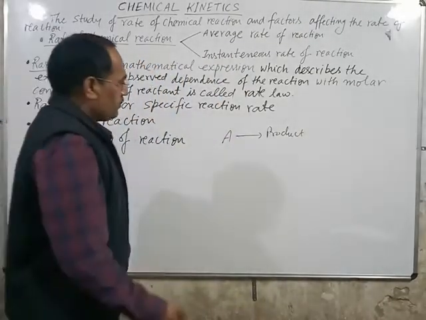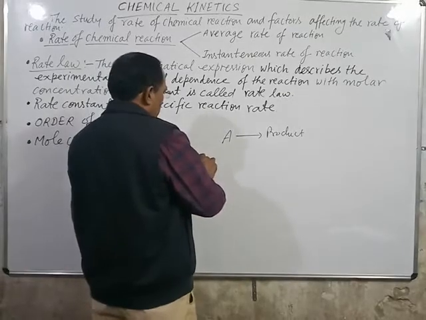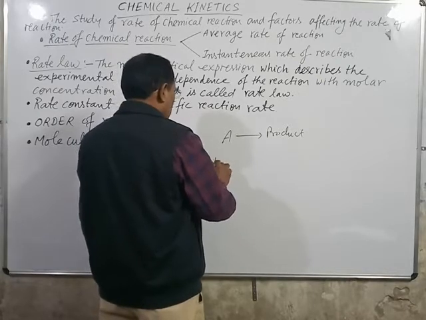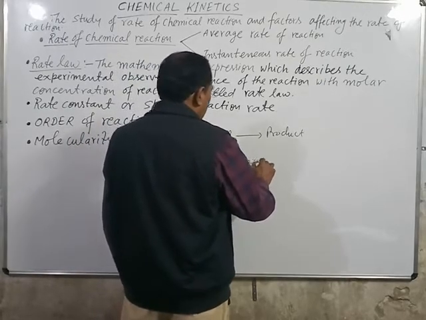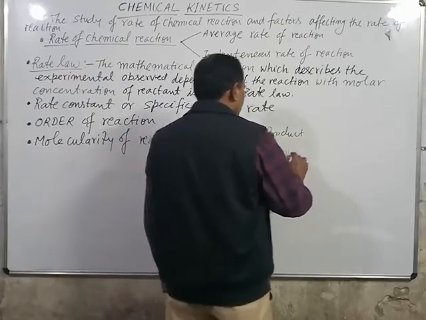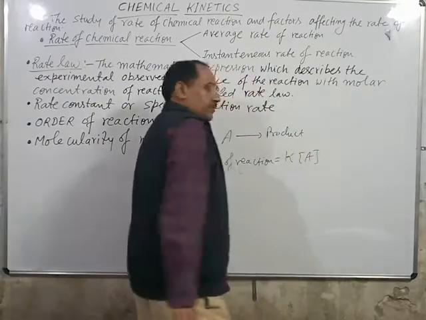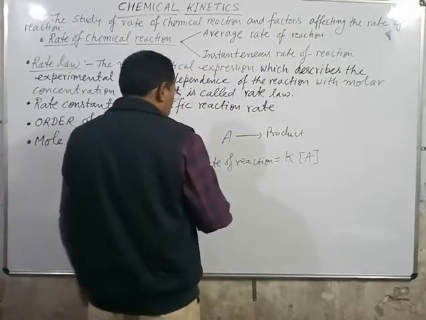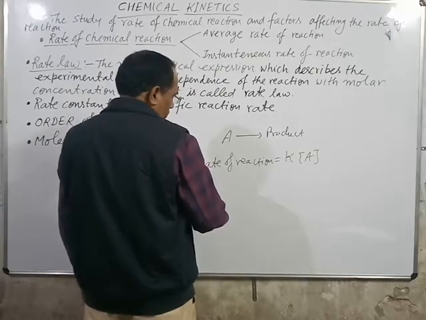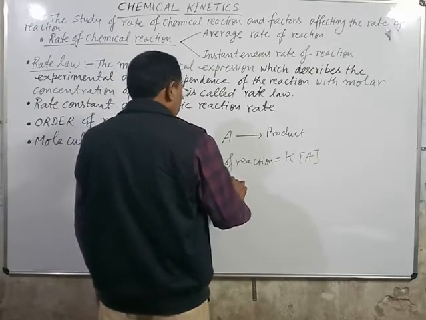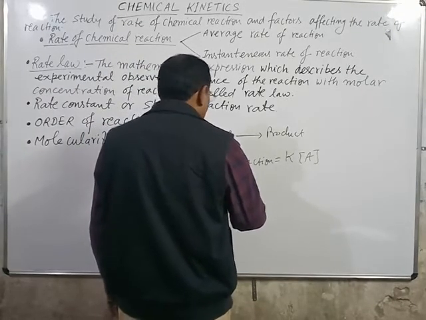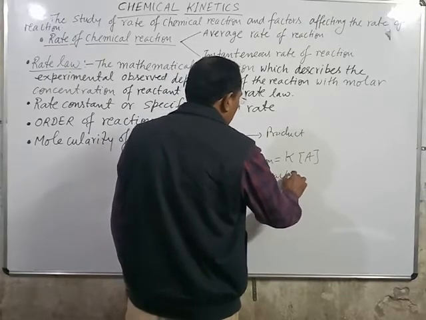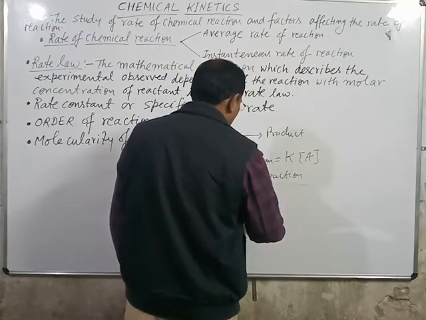According to law of mass action, we can write rate of reaction is equal to K times active mass of A, where K is rate constant. We can write K equal to rate of reaction upon active mass of A.